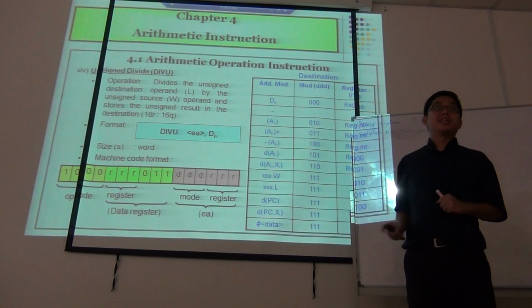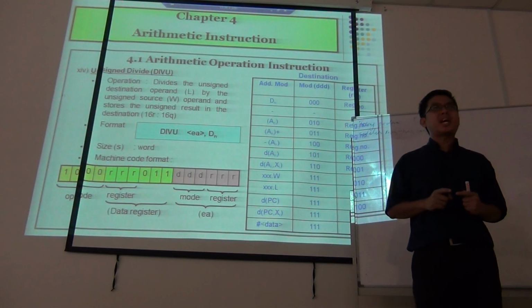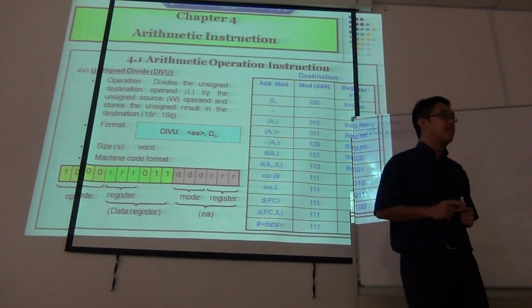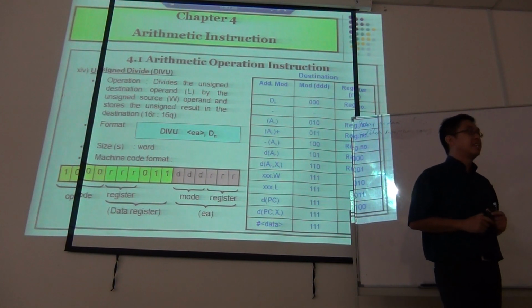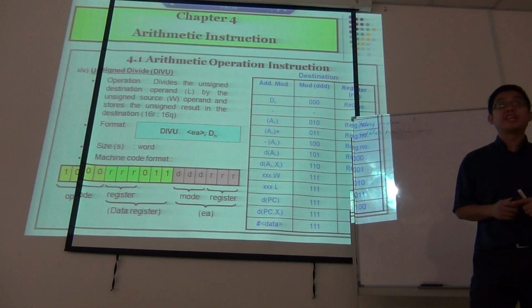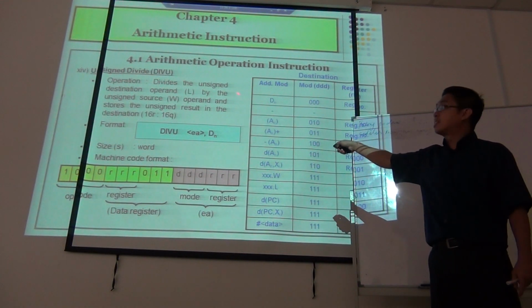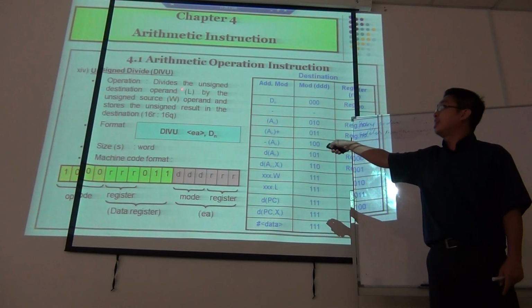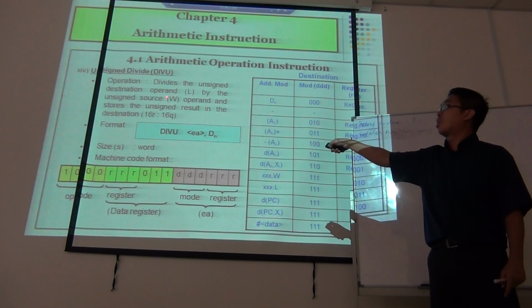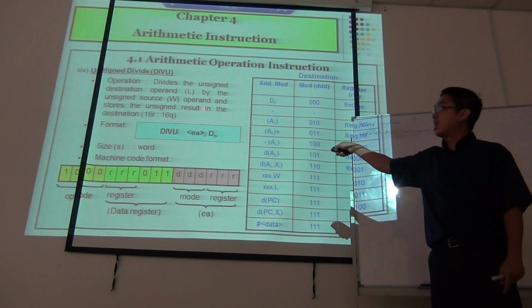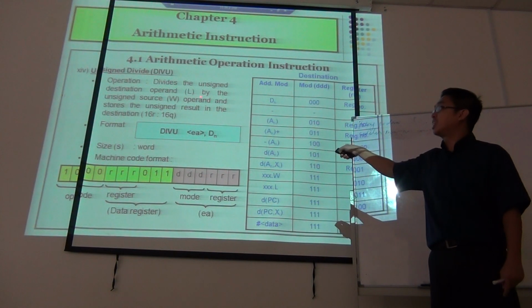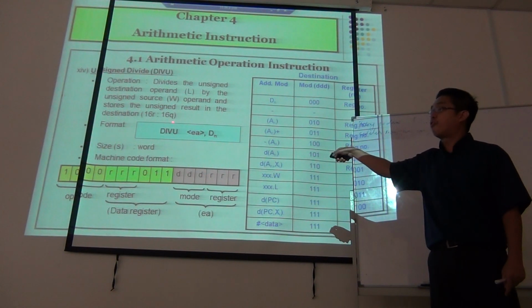U means unsigned. Unsigned means positive numbers only. So what does it mean? It divides the unsigned destination operand long by the unsigned source word. The result will be in the destination in this format.